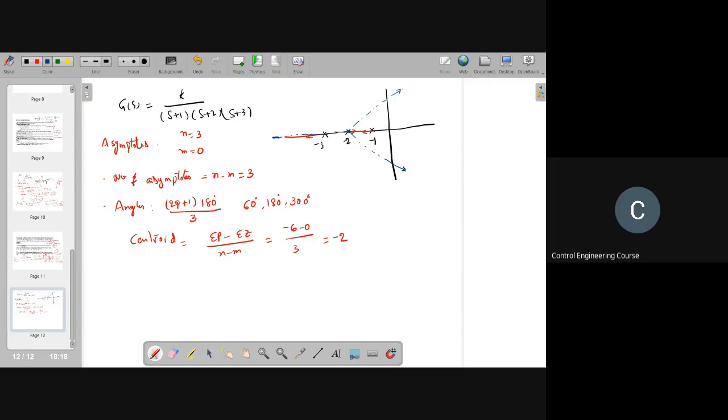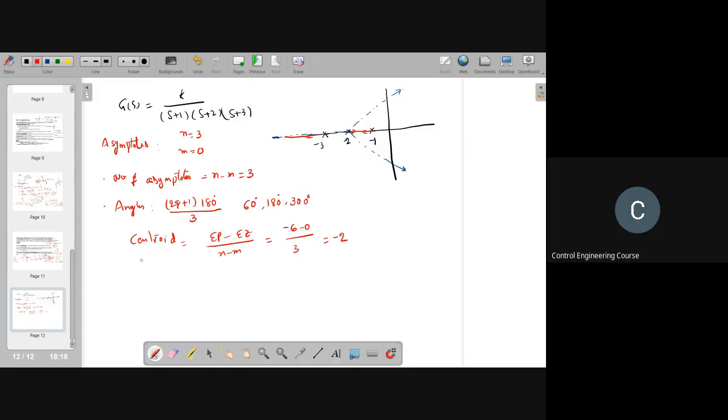Okay, the next step: because there are two poles adjacent to each other here, at minus 1 and minus 2, and in between there is a root locus, that means there is a breakaway point here. For calculating the breakaway point, we need to compute dk by ds.